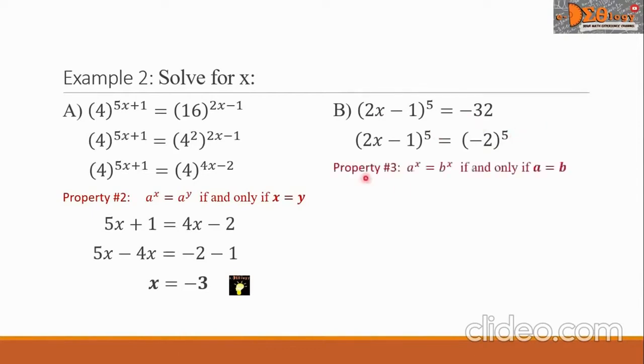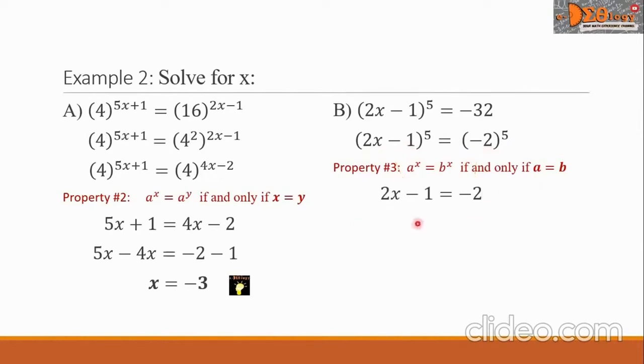So according to property number 3, a raised to x equals b raised to x if and only if a equals b. It means to say we can now copy the bases of the left side and the right side respectively. Thus, 2x minus 1 is now copied here and is equal to the negative 2.